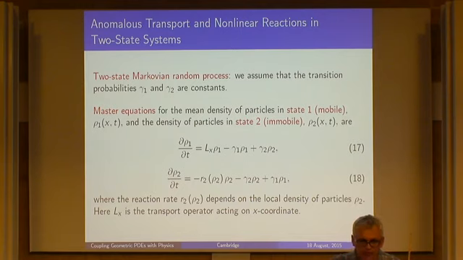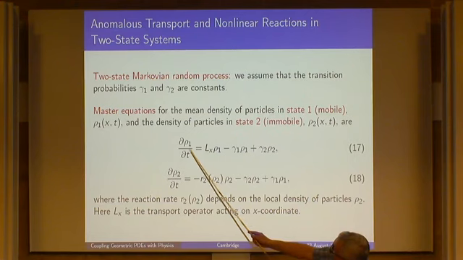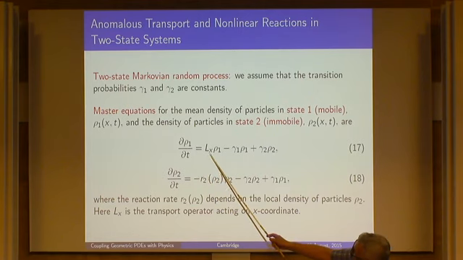So if you have 2 states, you usually introduce 2 densities. One particle type, let's say, moves, and another proliferates. Let's say the particles with density rho 1 just move, and you put here an operator.